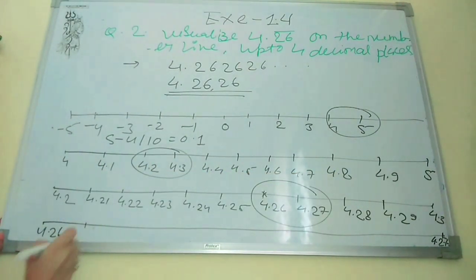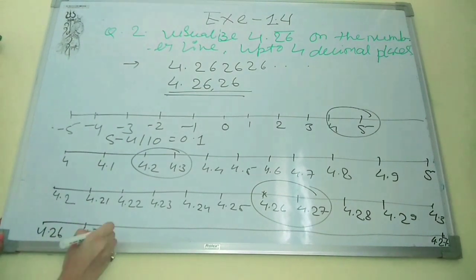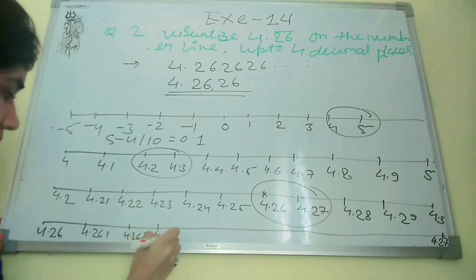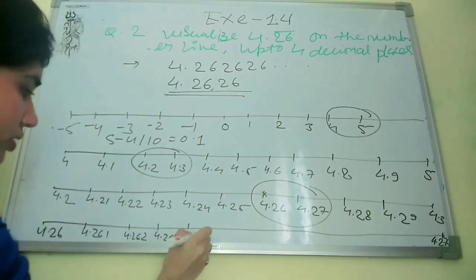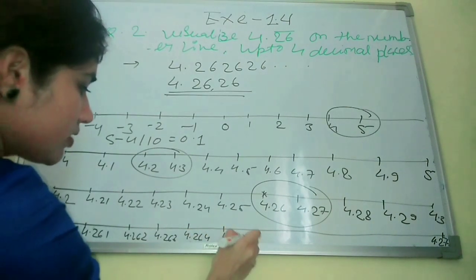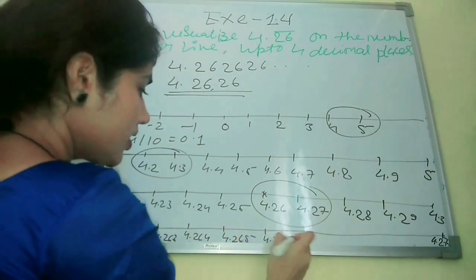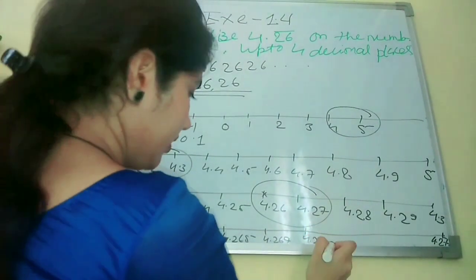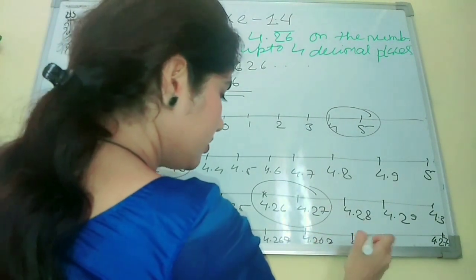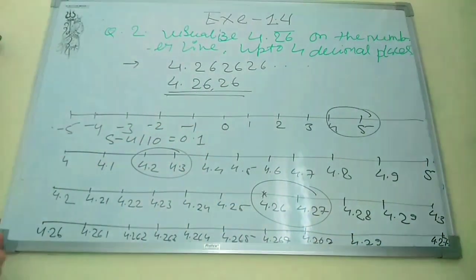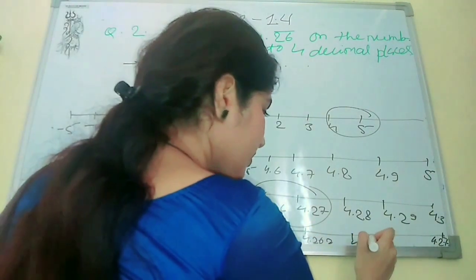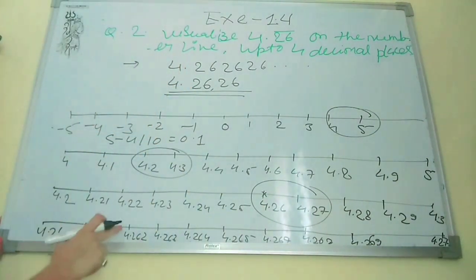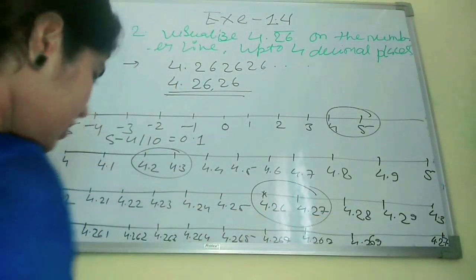So first will be 4.261, 4.262, 4.263, 4.264, 4.265, and the next one will be 4.27. 1, 2, 3, 4, 5, 6, 7, 8.